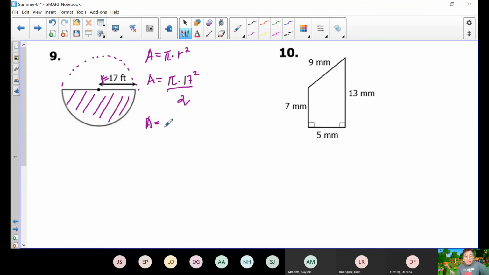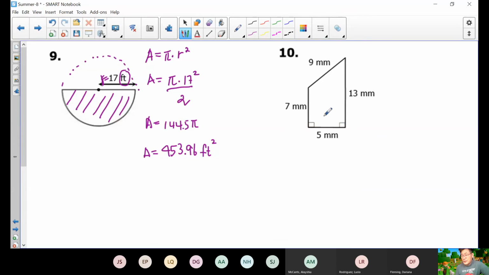This is like 144.5 pi. So if I multiply by pi, 453.96. What is the unit? Feet square.